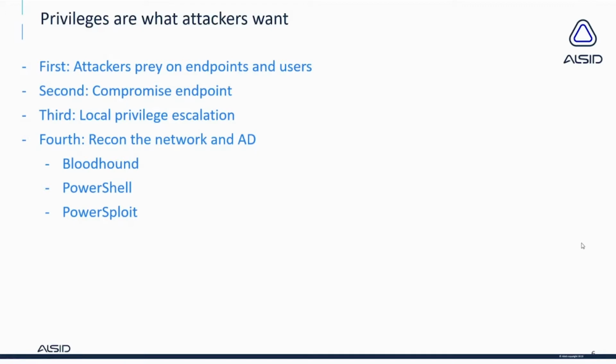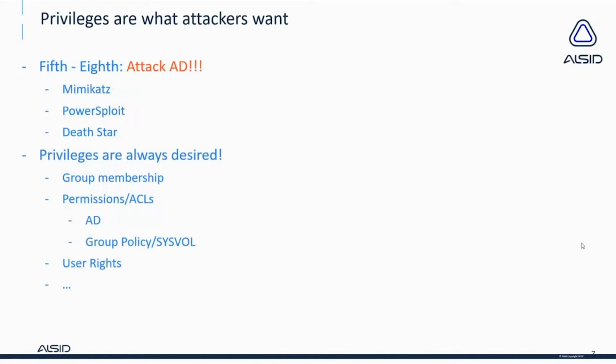So these are things that I can take from that compromised endpoint, and now I can do recon on the network, and specifically Active Directory. So once I'm doing recon on Active Directory, I get the precise angle that I can take to then attack Active Directory. Once I know what to attack, now I can just go after it. There's no guessing game.